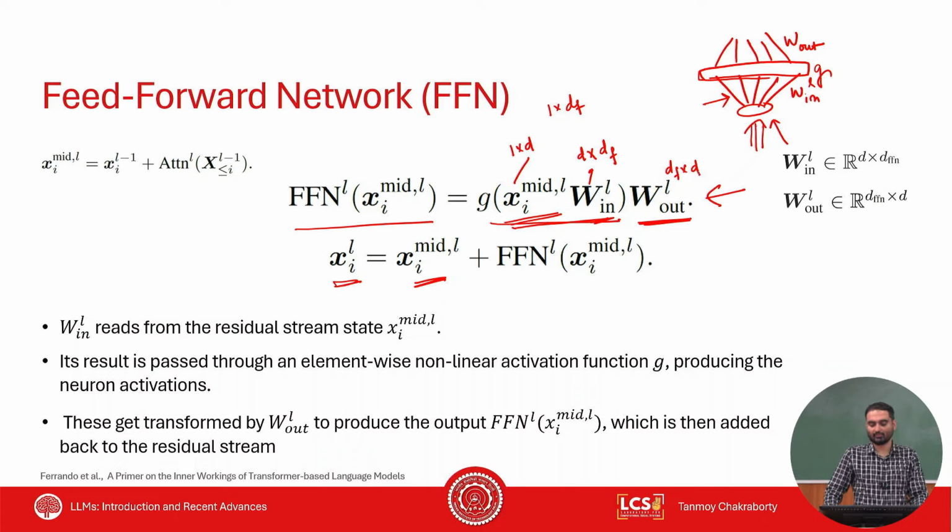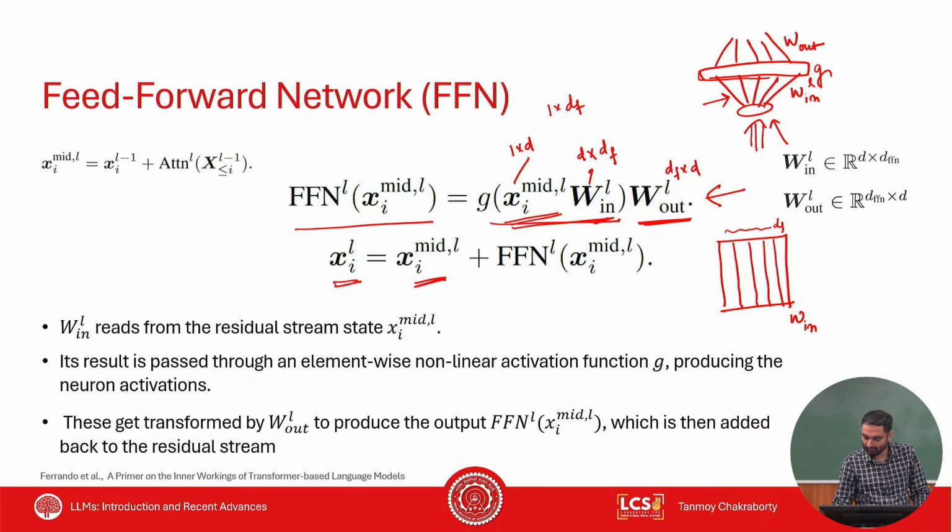If you look at it very carefully, we can interpret what is happening here in this way. This is the W_in matrix, forget about the layer, where there are DF number of columns, and you are multiplying this with a vector X_i.